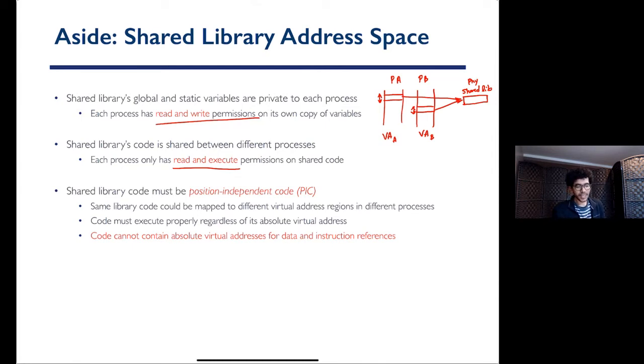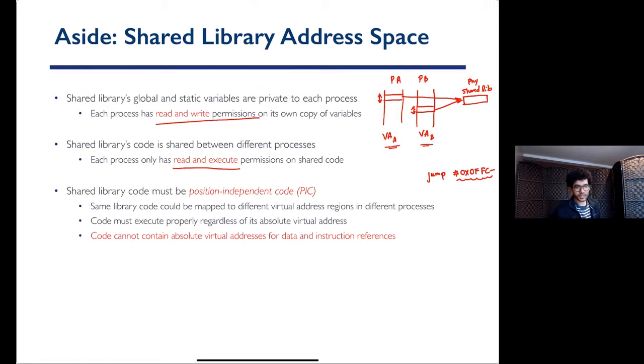Now, if in my shared library I have something like jump to some absolute address, 0x0fc, blah, blah, blah, this, in the context of process A, could be mapped to something, and in the context of process B, it could be mapped to something else.